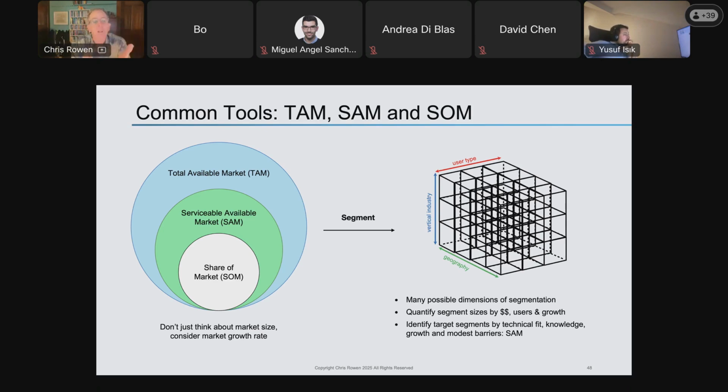But in general, when you start from that picture of TAM, SAM, and SOM, you really want to look at segmentation to understand what's going on. As you look at that, can you break down what are the different types of users I am now or could be serving?